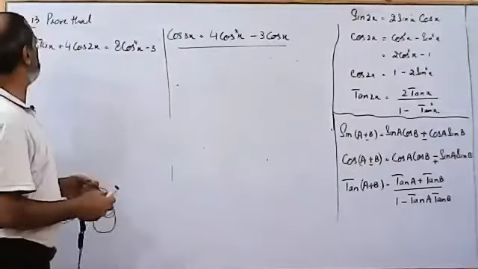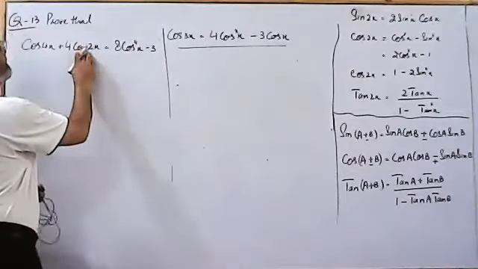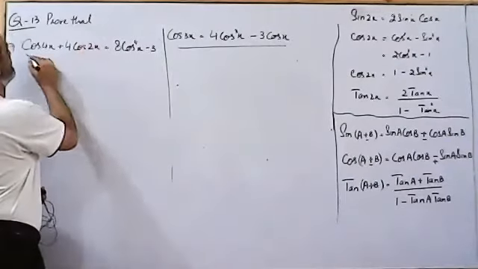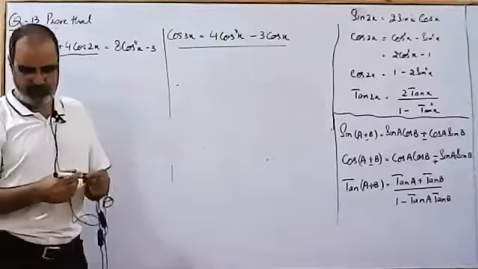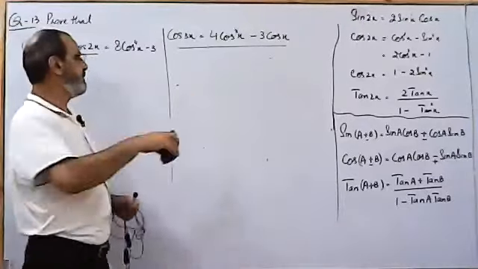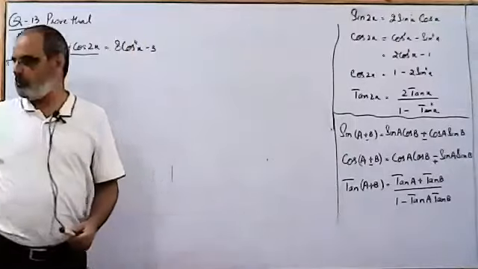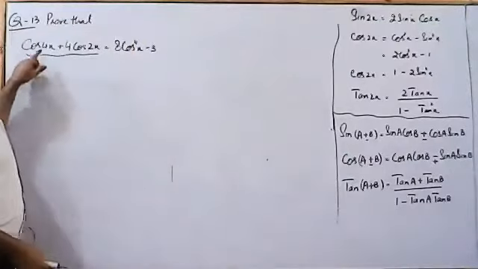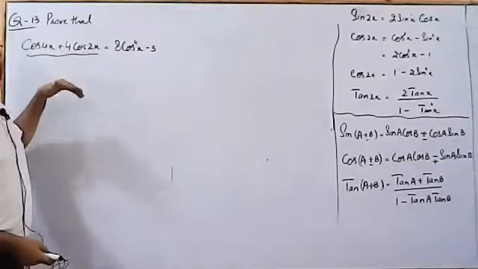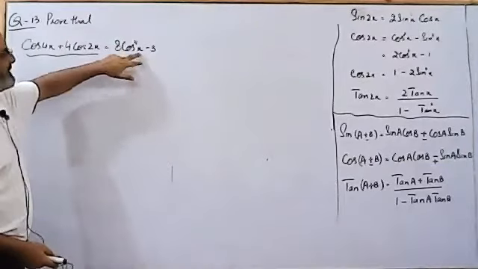Now, to prove this identity, I'm going to pick the left hand side. It's my choice whether I start from the left or right, but it is convenient for me to change 4x into 2x and then 2x into x, because in the final expression I need a single x.